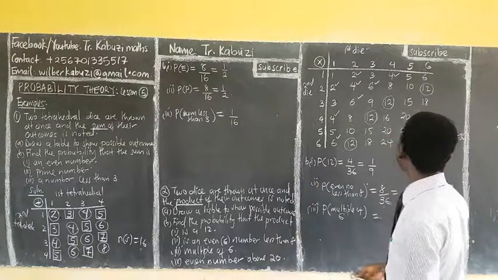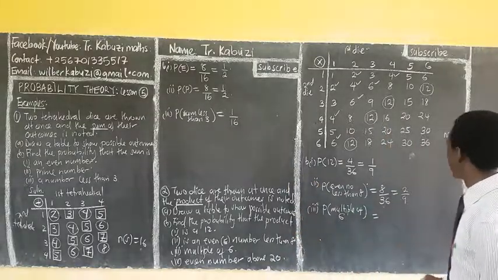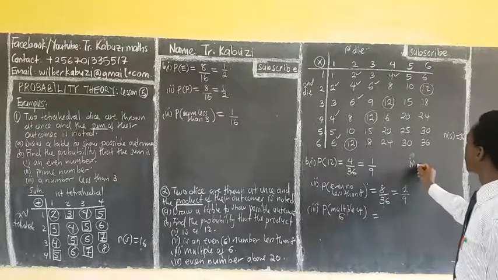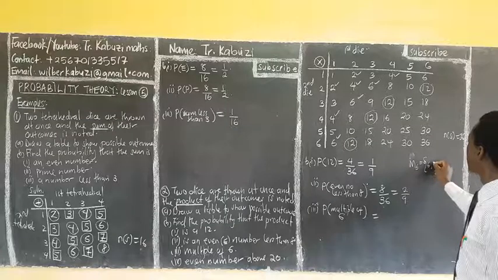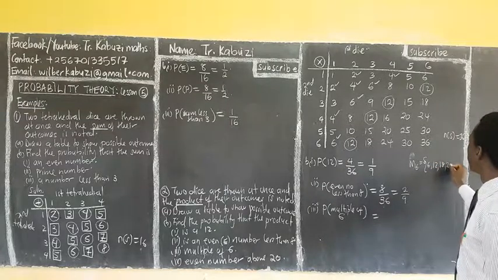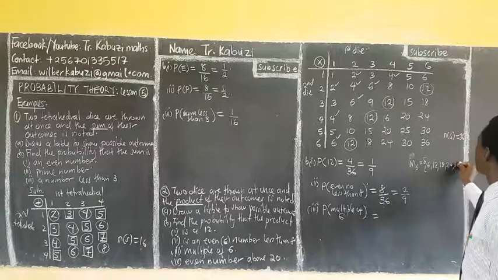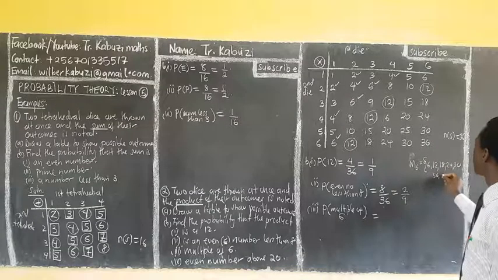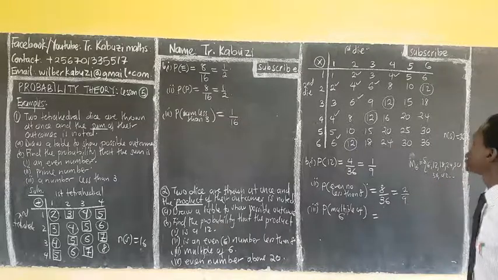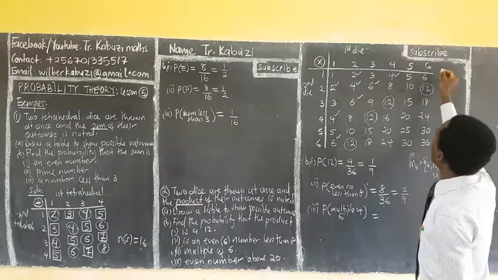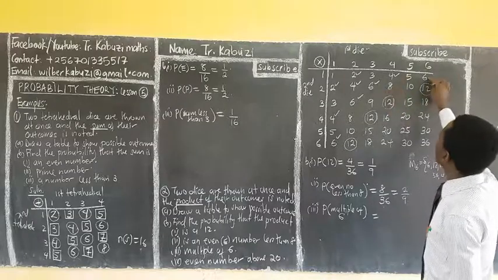We know they are 6, 12, 18, 24, 30, 36, then 42, and so on. These are the multiples of 6. Now remember, I forgot this one.